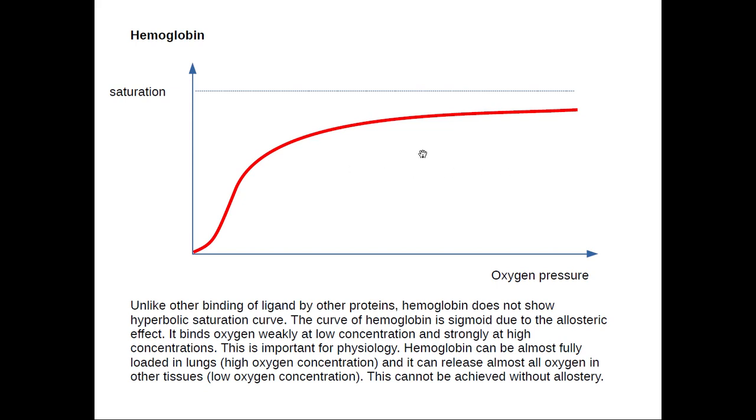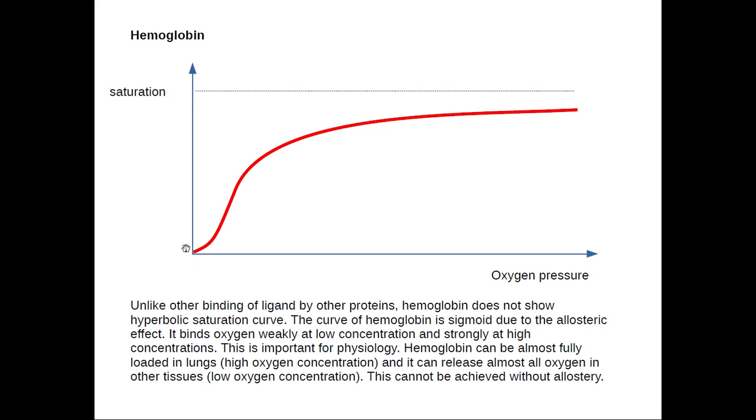So it would work again with something like 40% of its capacity. So this sigmoid shape is very important and very useful for delivering oxygen, and it makes delivering of oxygen very efficient.